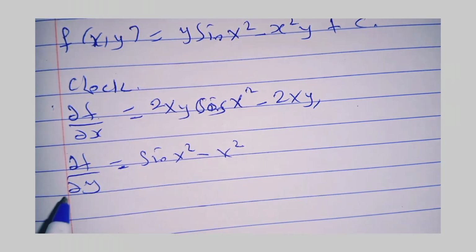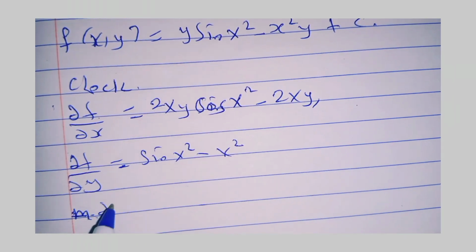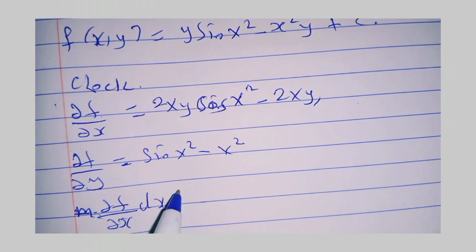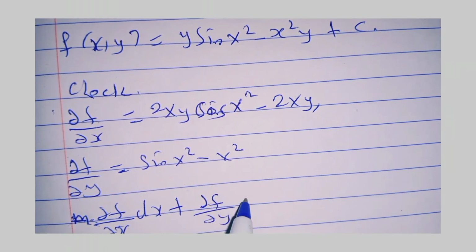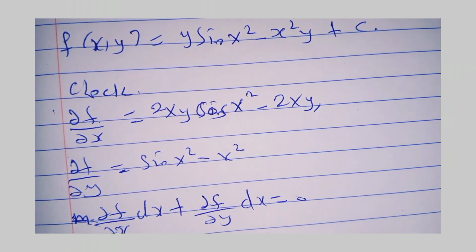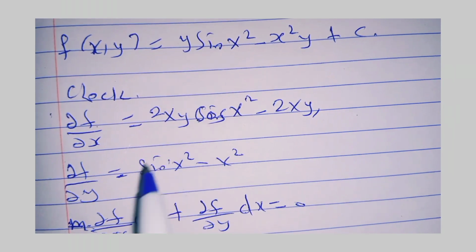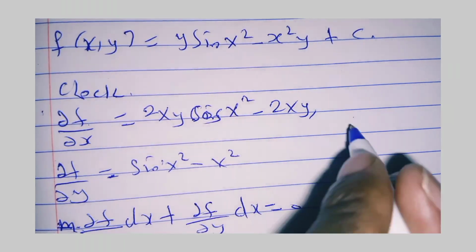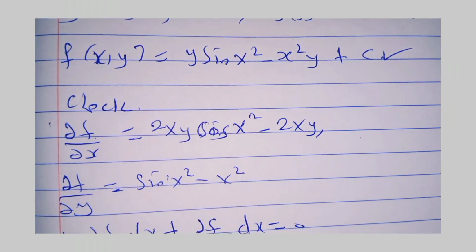Now you write your equation in this form: the partial of f with respect to x dx plus the partial of f with respect to y dy gives you 0. When you compare this with what we are given, they match, meaning that our working is correct.